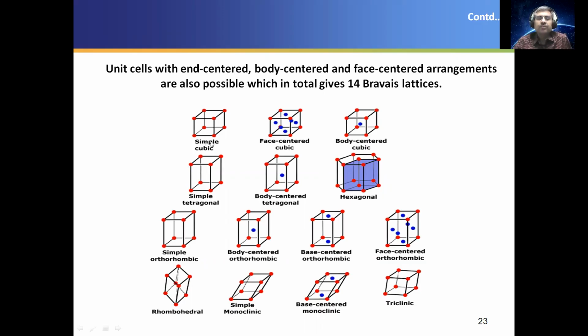We have simple cubic, face-centered cubic, body-centered cubic, simple tetragonal, body-centered tetragonal, and hexagonal arrangements, simple orthorhombic, body-centered orthorhombic, base-centered orthorhombic, face-centered orthorhombic. Similarly, you have rhombohedral, simple monoclinic, base-centered monoclinic, and triclinic arrangements.